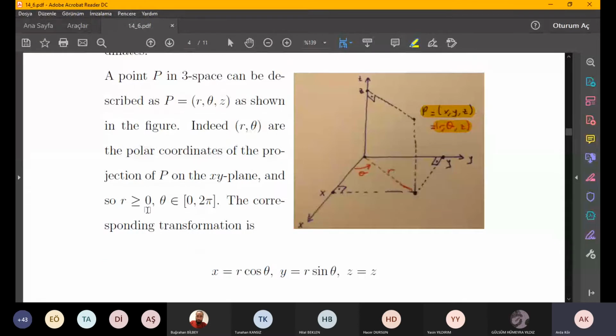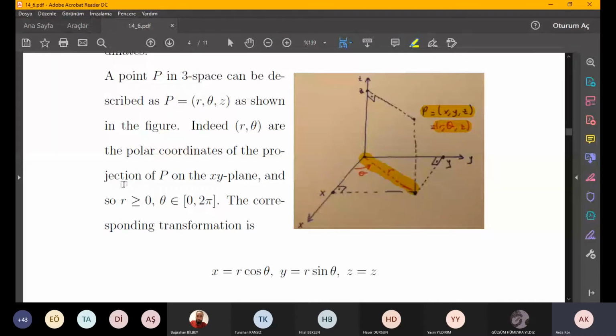And r here, if you remember, we take r as the distance between the origin and the projection of P on the xy plane in 3-dimensional space.